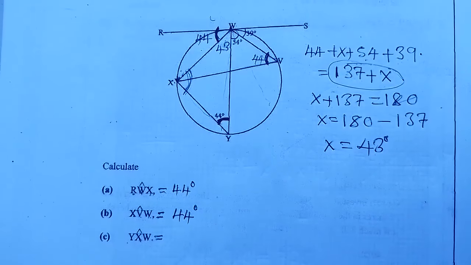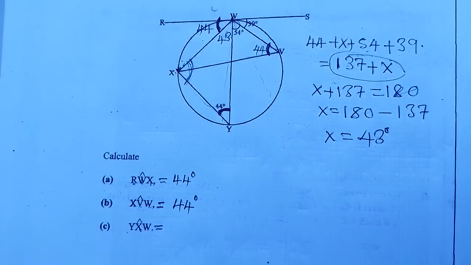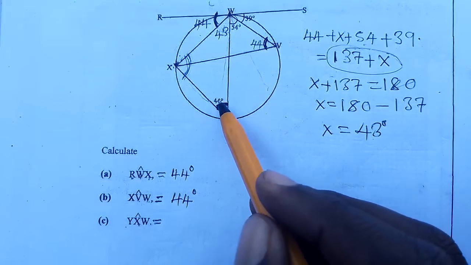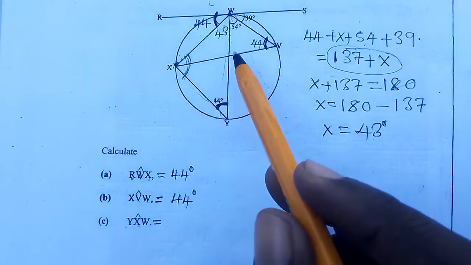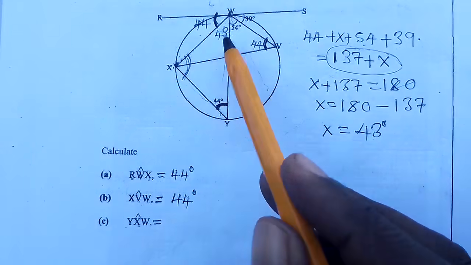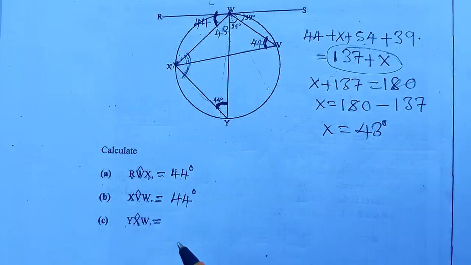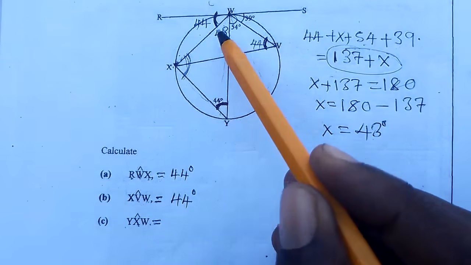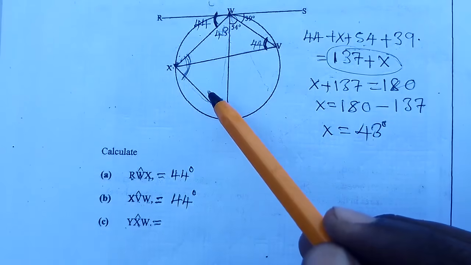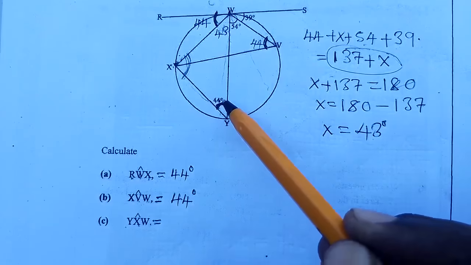What you need to do here, you say 44 plus that one there. You know that this one and that one, you add these, then subtract from 180. This is what you're going to do. So you say 44 plus 43.